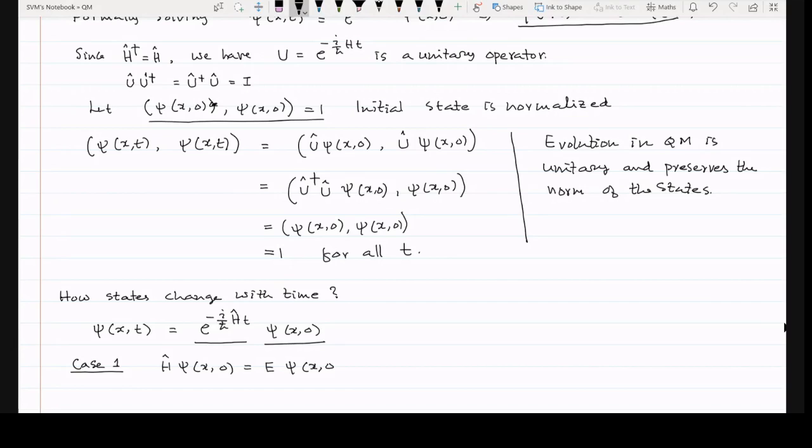That means the initial state is an eigenstate of the Hamiltonian with the eigenvalue E. Now what happens if this is the situation? Such a state, psi of x comma 0 in this case, is called a stationary state.